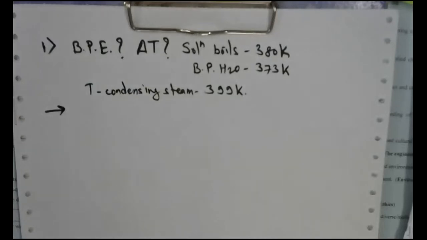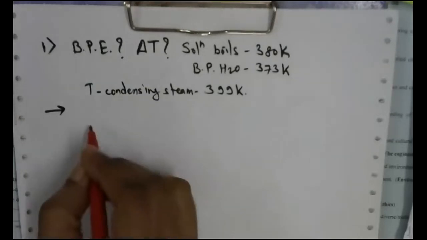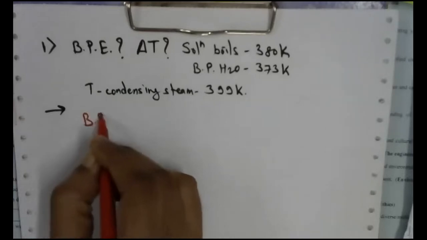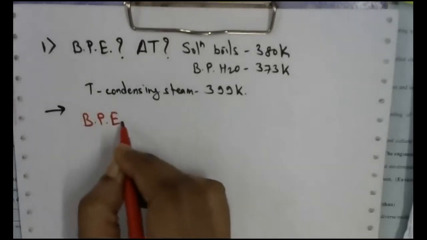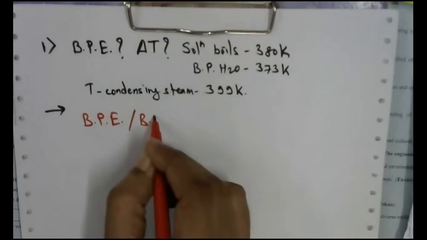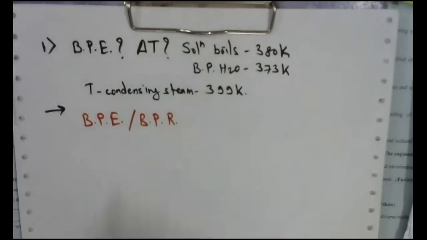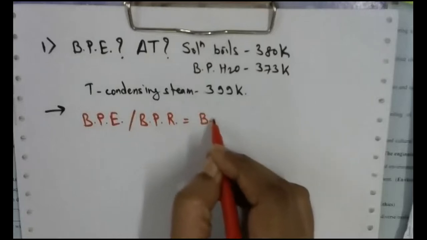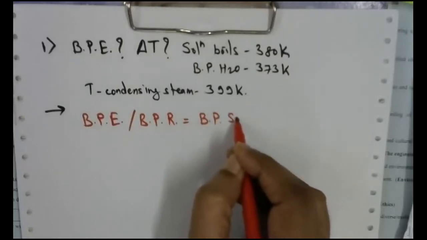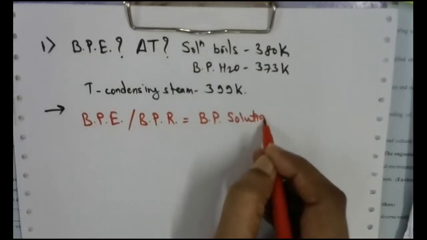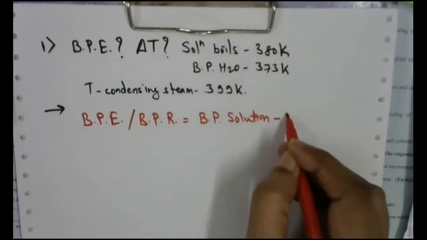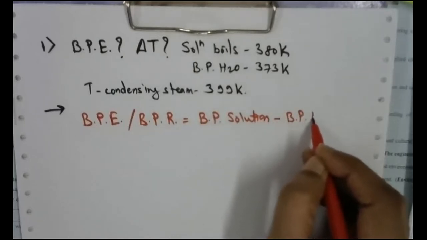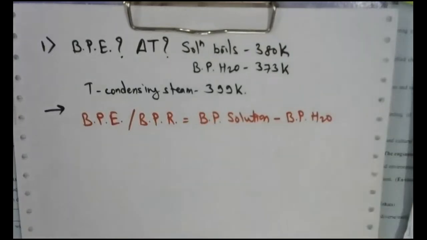So what is boiling point elevation? Boiling point elevation or boiling point rise is nothing but the difference between the boiling point of the solution and the boiling point of water.